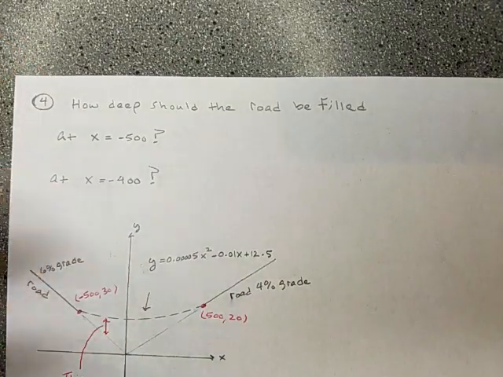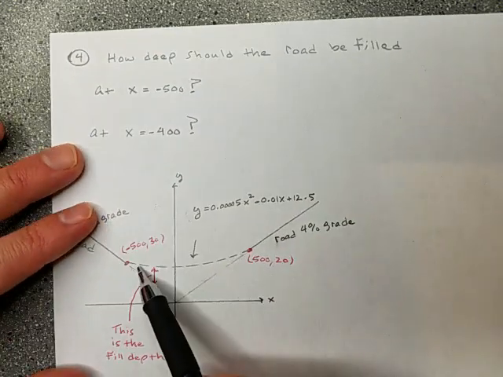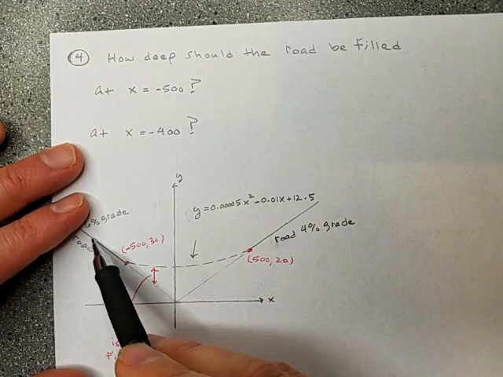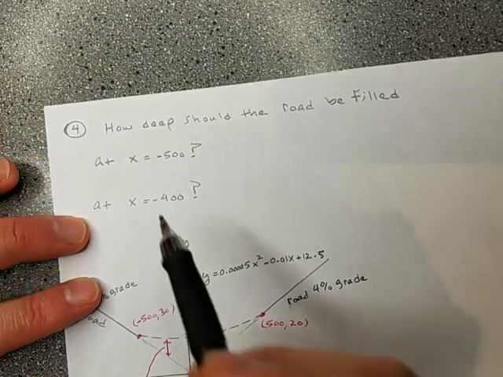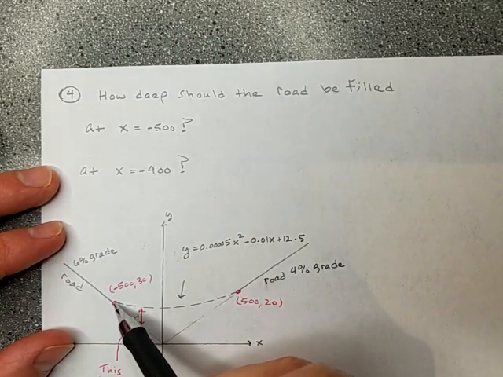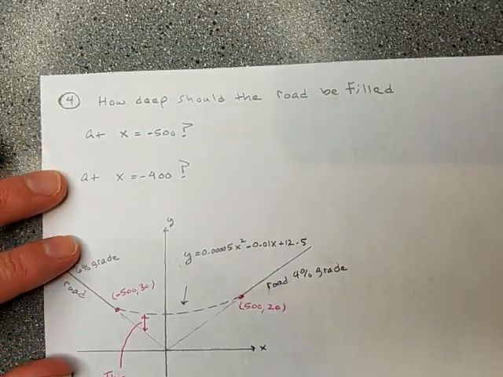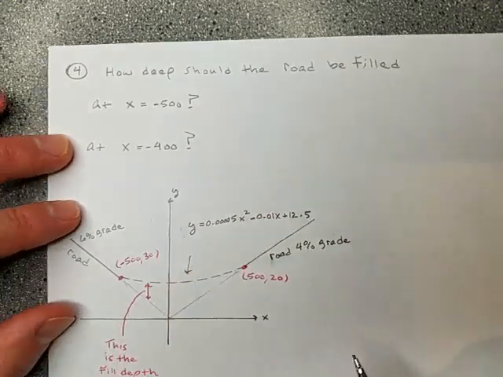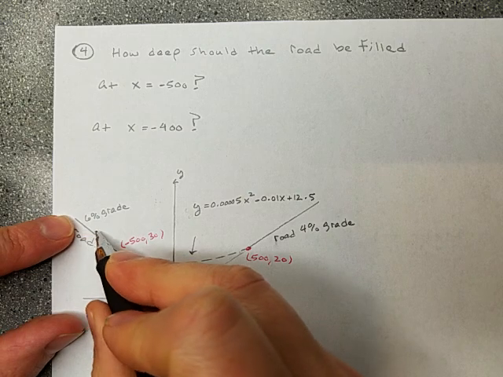So say we get the question like this: how deep should the road be filled? Like how deep in here? Because remember, this is the mountain and this is the other mountain, and I'm going to fill in the valley. So how deep should the road be filled at the point where x is negative 500 and at the point where x is negative 400? Well, at the point where x is negative 500, you're on the mountain, okay?